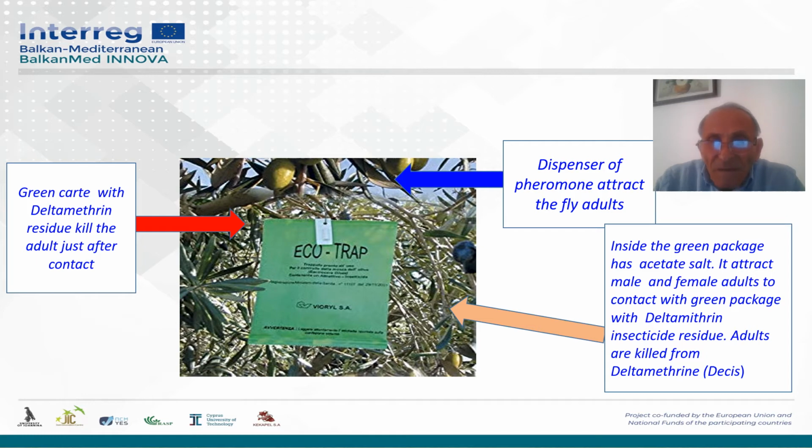Inside the package there is ammonium salt. It attracts male and female adults to contact with the green package with deltamethrin insecticide residue, which kills the adults. That is perhaps why these ecotraps are called attract and kill.